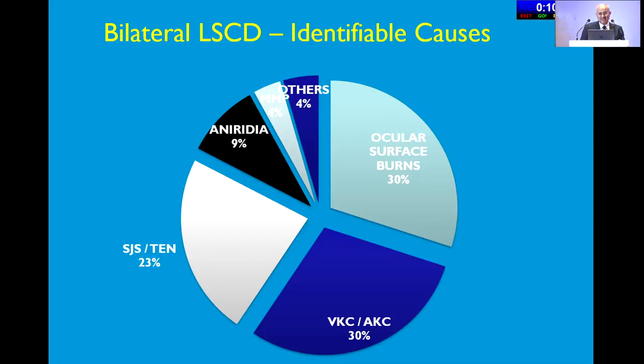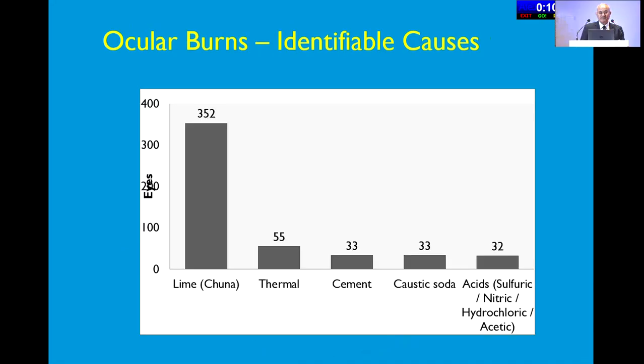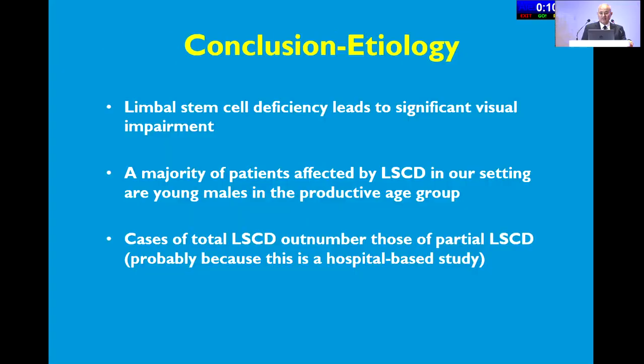And bilateral causes are very different. They are mostly immunologically mediated diseases. Among them, one-third is VKC, and about 20 to 25% is SJS and TEN. Within the chemical burns, the identifiable causes are lime burn being the most common.